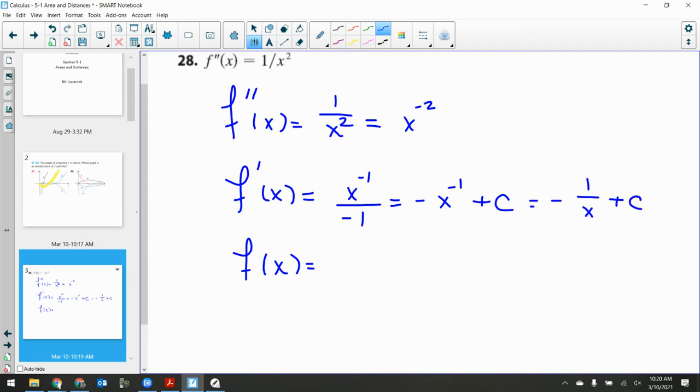Remember that that's a special one. 1 over x is special. It's got to be ln. Negative out front means negative ln of absolute value of x. Remember, got to keep it positive because you can't evaluate the log of a negative. Plus cx plus another constant, d. And we can stop there. Does that make sense?